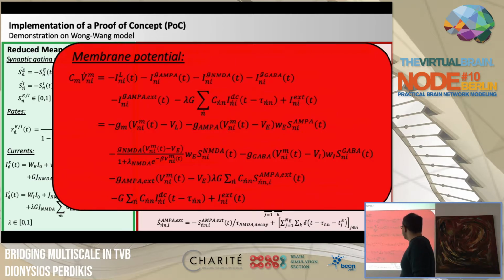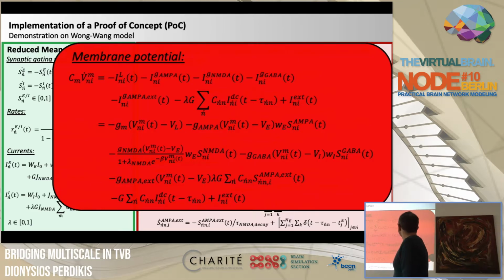A similar linear form exists also for the AMPA external synapses that come from different brain regions. Only this time they are weighted by the connectivity weight of the TVB.